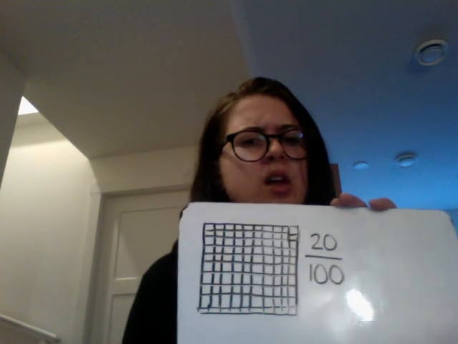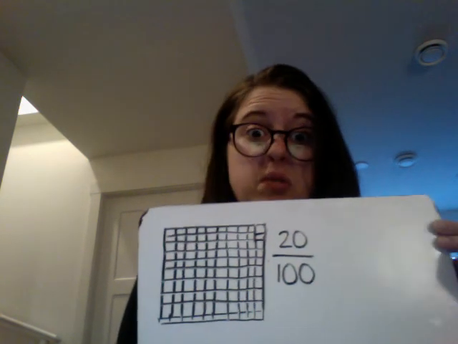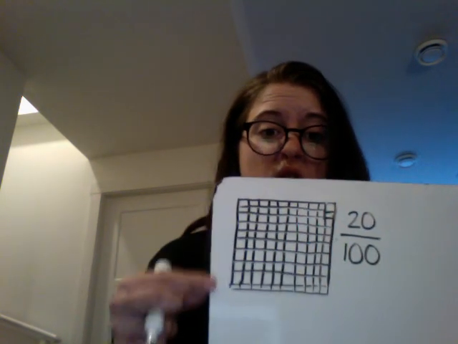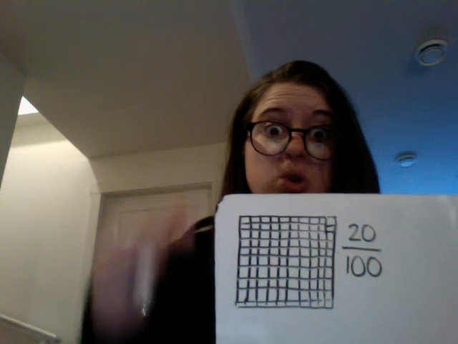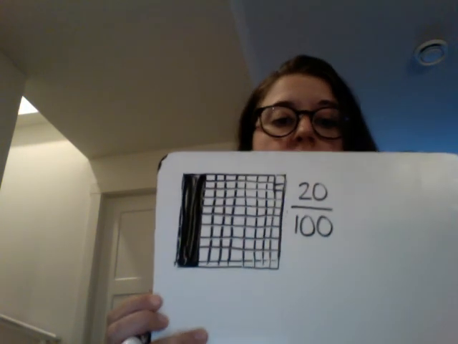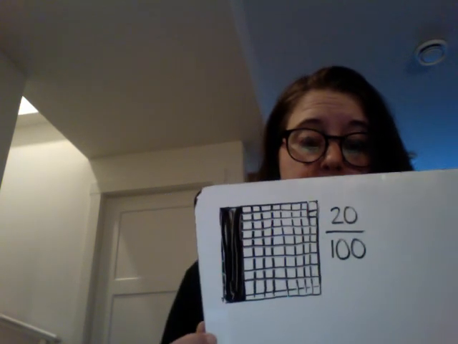So one quick way to do it is I could count my squares individually, but I know because I drew this, or because the ones in your textbook are going to be perfect, that there are 10 in each row and 10 in each column. So I could just color in 2 complete lines, okay? So I'm going to color in 1 row, 2 rows. Okay, so I have 2 rows of 10 each, so 20 out of 100.